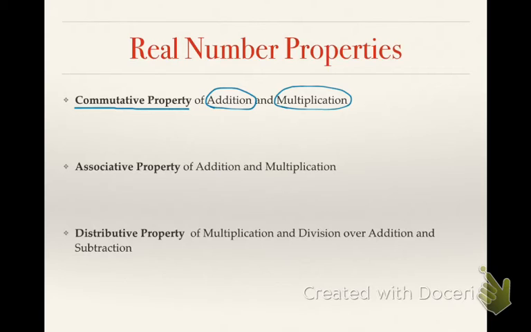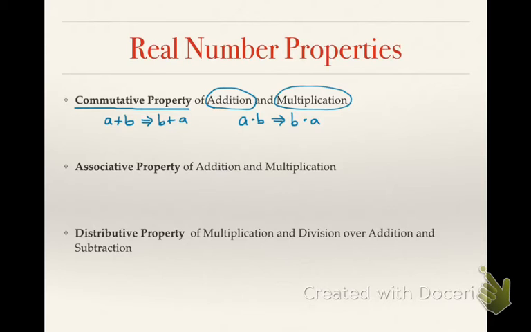The commutative property means that if you have two things added together, A plus B, I can commute the terms, meaning move them, to B plus A. I can switch it. Commute means to move. They move places. Multiplication, if you have A times B, you can commute them, switch them, by making B times A.